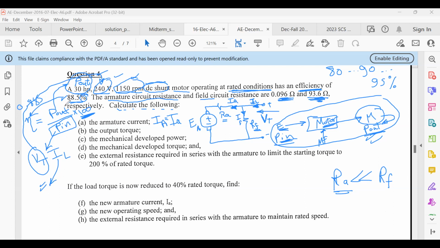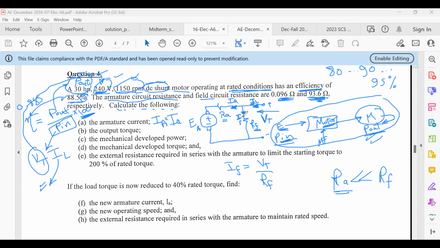This current from this part. So I have IL. Can I calculate IF? Yes, IF is straightforward for the shunt. It's just the V terminal, which is 240, over the RF, which is 93.6 ohm. So you can calculate IF.